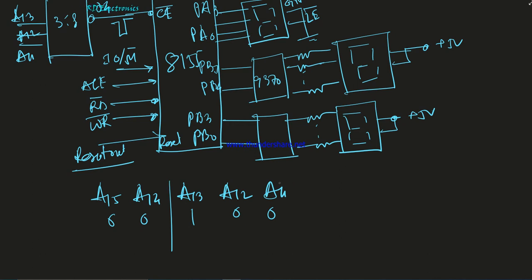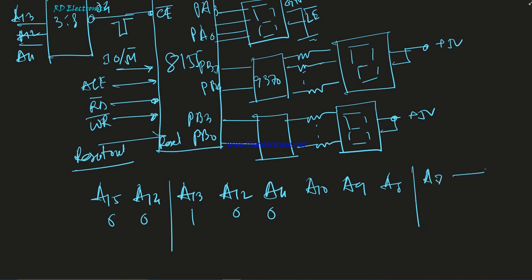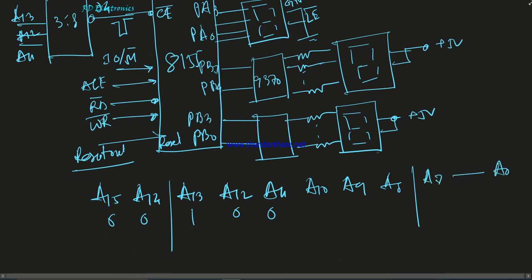And now what about the condition of the next lines? What are the conditions of A10, A9, A8, because from A7 to A0 all are connected to the 8155. Okay, so basically the remaining bits are all equal to 0.